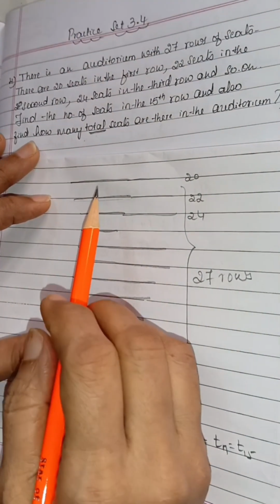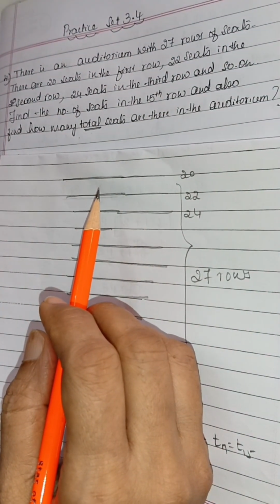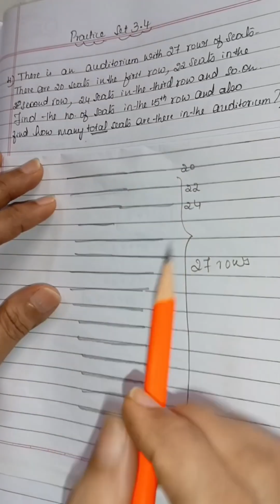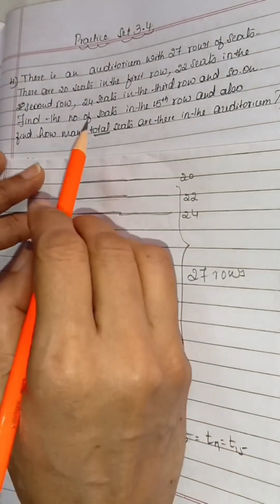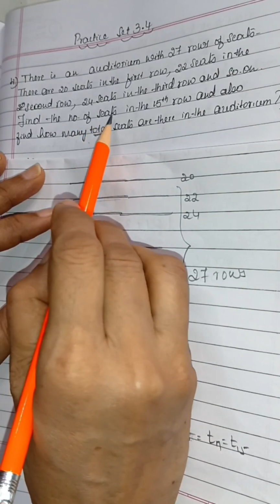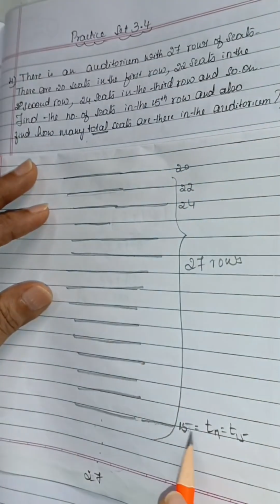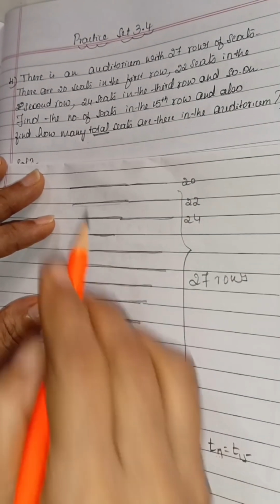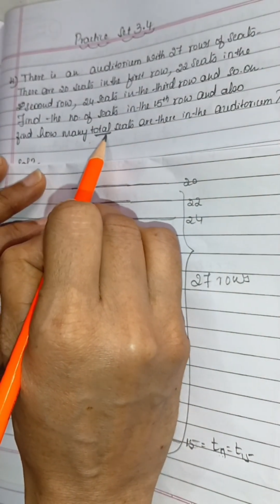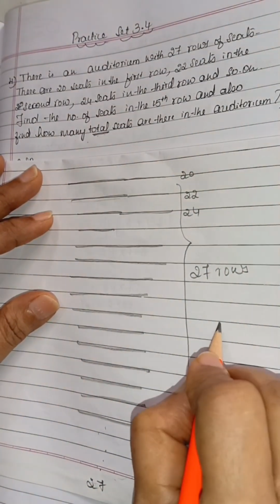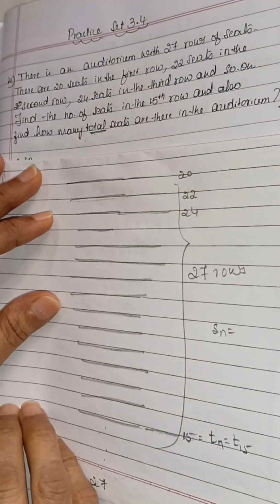You must be wondering which formula to use, the Tn formula or the Sn formula. For the first question, the number of seats in the 15th row, we use the Tn formula. For the total number of seats in the whole auditorium, we use the Sn formula.